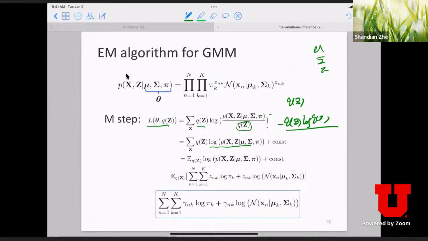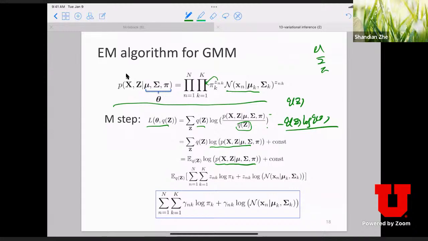And you can further calculate the logarithm of the joint probability. This is our joint probability. It's just the product over the data points and product over each category of pi k to the power of znk, and also the Gaussian distribution of xn under mu k and sigma k to the power of znk. If you take the logarithm, it's just straightforward. You just move znk in front of the log, and also znk in front of this logarithm.